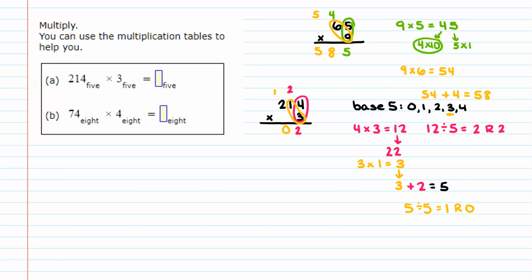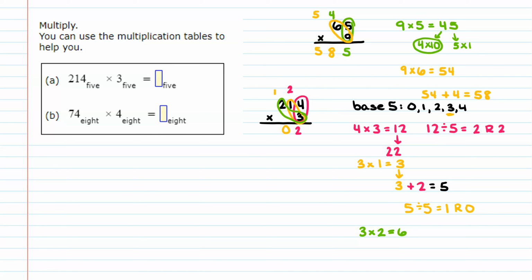Let's do it again. So our last multiplication is 3 times 2, right? 3 times 2, and that's going to make 6. But 6 is not an allowed value. We can only have 0 through 4.